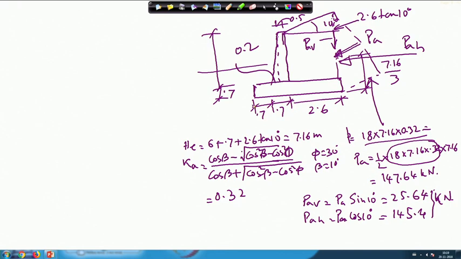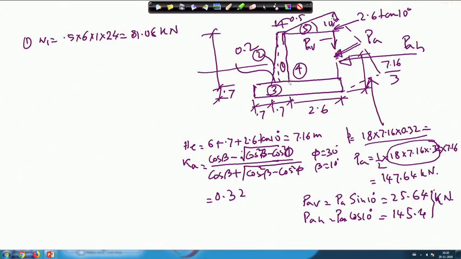So, if I do that, what are the things you have to calculate? I have to calculate different parts: this suppose 1, this 2, this 3, this 4 and this 5. So, there are 5 components of gravity weight. W 1 will be equal to 0.5 multiplied by 6 multiplied by 1 multiplied by 24, and that will be equal to 81.08 kilonewton.